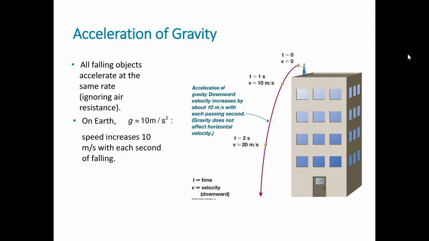So that means that your speed will increase 10 meters per second each second that you're falling. So in this picture, you have someone dropping a ball off of a roof. After 1 second, the ball is traveling 10 meters per second. After 2 seconds, it's traveling 20 meters per second. 3 seconds, it would be 30 meters per second, and so on.